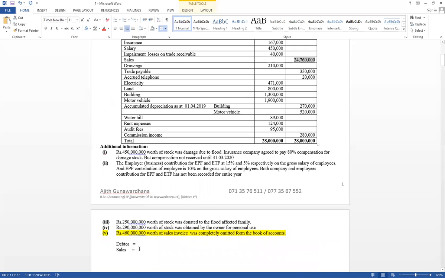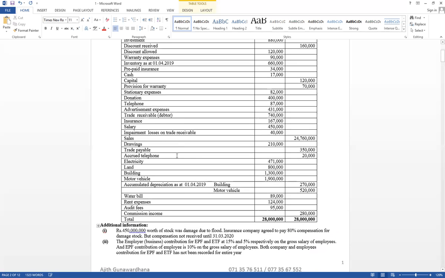Therefore, you have to calculate the correct sales value and add 460,000 also. The sales invoice was completely omitted. You have to calculate the correct sales value, and the trade receivable value is also given as 740,000.